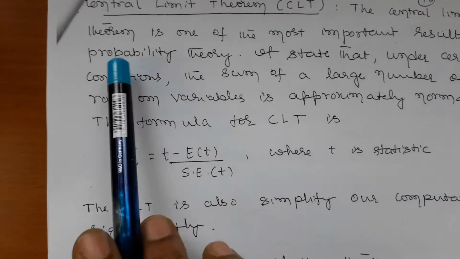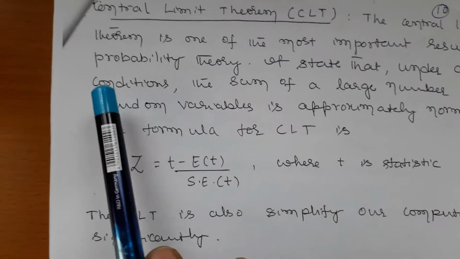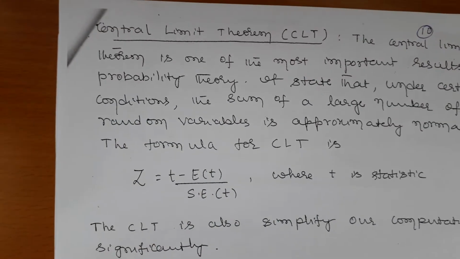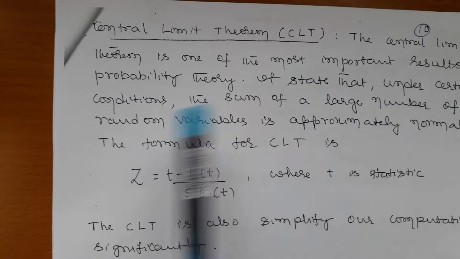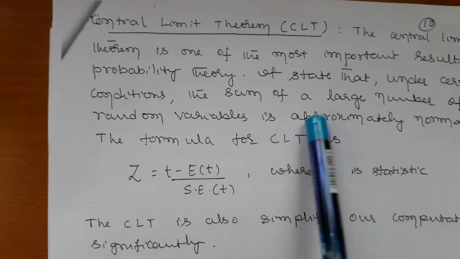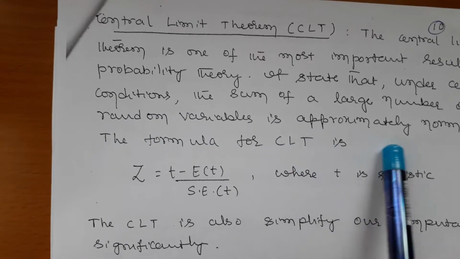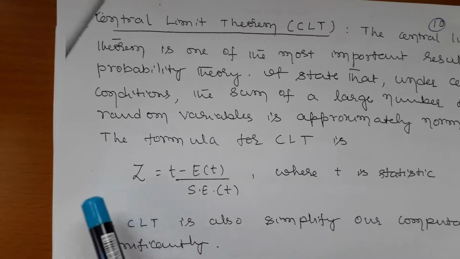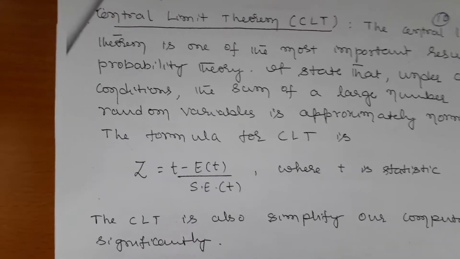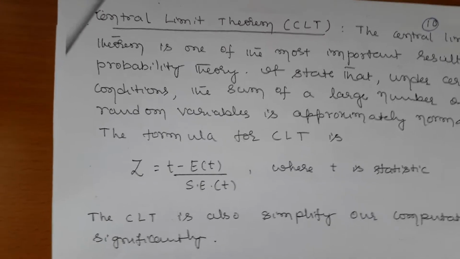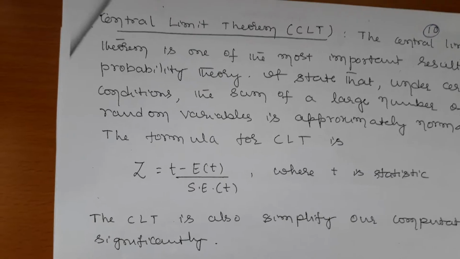That's why the central limit theorem is one of the most important results in probability theory. It states that under certain conditions the sum of a large number of random variables is approximately treated as normal. Even though it is not mentioned, whenever the sample size is large, we treat it as normal. Once you treat it as normal, what's the first step?